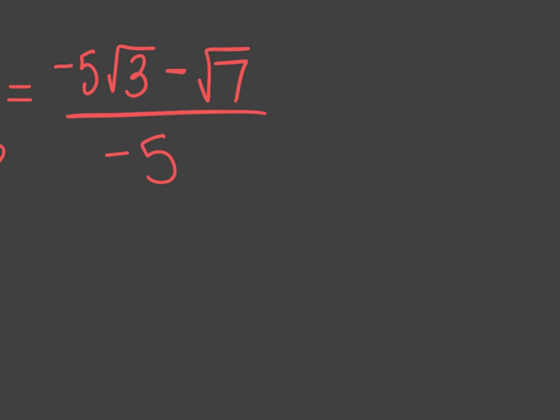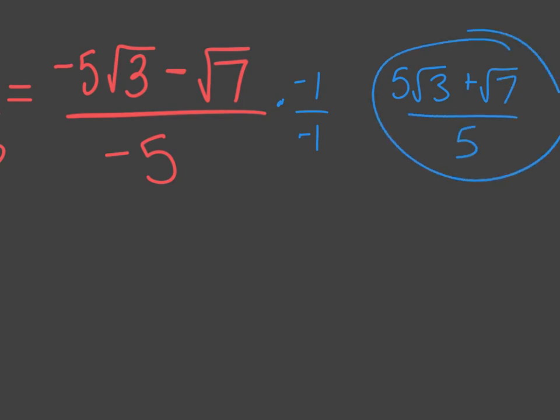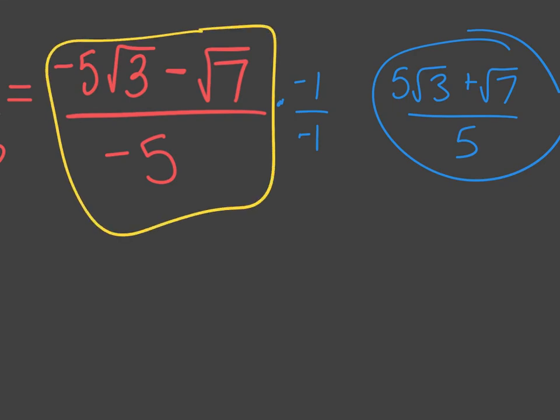So I could just multiply by negative 1 on top, negative 1 on bottom, and it would make the whole thing positive. Okay? So times negative 1 times negative 1, it would just be 5 square roots of 3 plus square root of 7 over 5. But if you left it this way, I'm not counting it wrong. Okay? I'm just happy that you made it that far, because that is the goal for today.